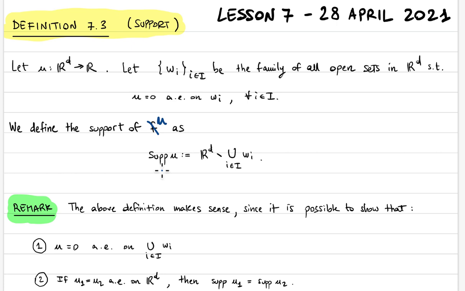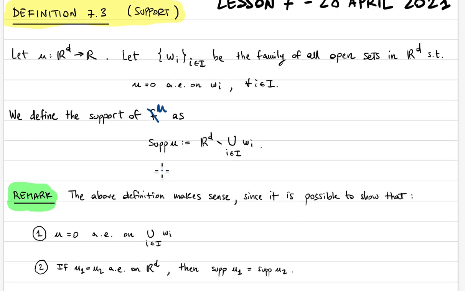Then we take the union of all these sets. So in the resulting set, my function U will always be 0. And then we look at the complement. So morally speaking, the complement should be the set where U is non-zero, right? And we define this to be the support of U.